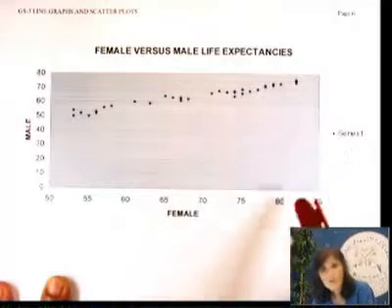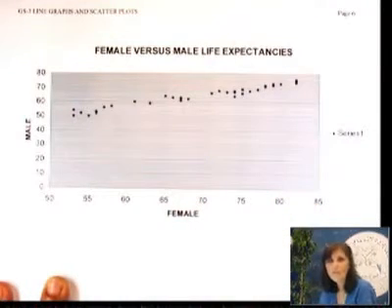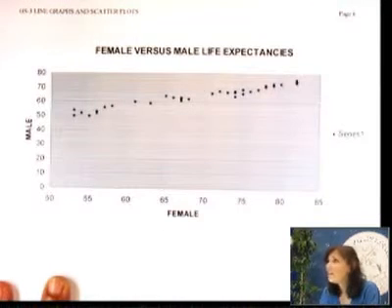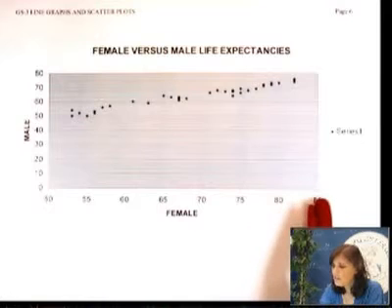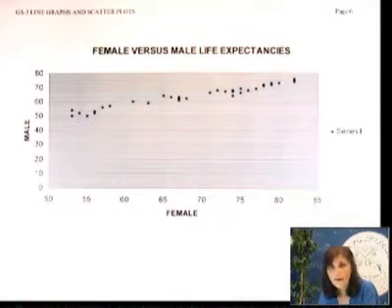Maybe it has something to do with the resources that country has, what they eat, and health situations, but they live longer. Another thing I can see from here is that the females actually live longer than males. So it's kind of an interesting thing.